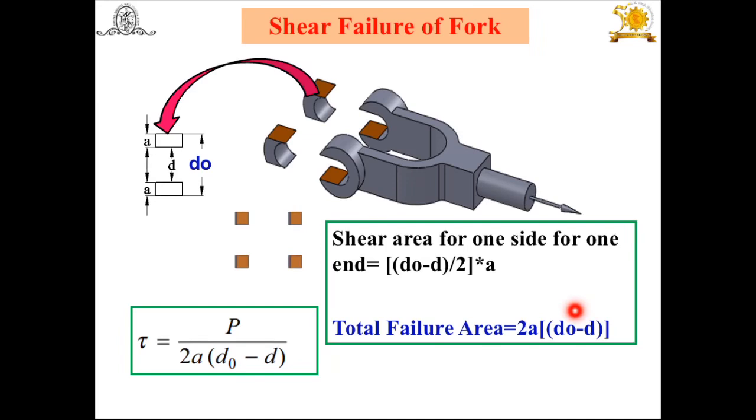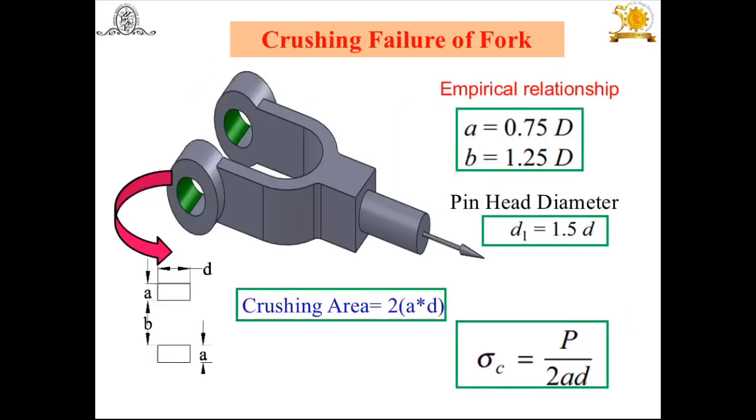So you can use this area. The shear stress tau induced in the fork is equal to P upon 2a (do minus d). The important thing is how to consider the area, in case of simple machine component design. Tau is equal to P by this total failure area. So you will get the shear stress induced in the fork. You can check this induced stress is less than the permissible.